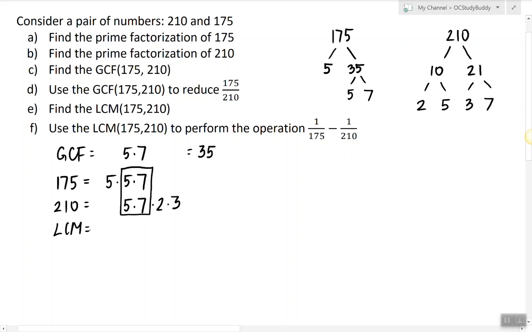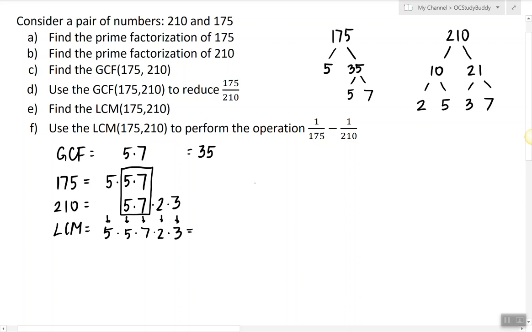And the least common multiple of 175 and 210 is every factor without repetition that appeared in one or another factorization. So LCM will be equal to 5 times 7 times 2 times 3. Now, I don't have to multiply 5 by 5 by 7 by 2 by 3 because I already know that 5 times 5 times 7 is 175.